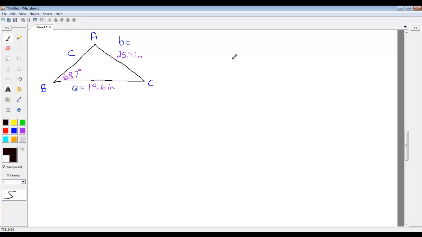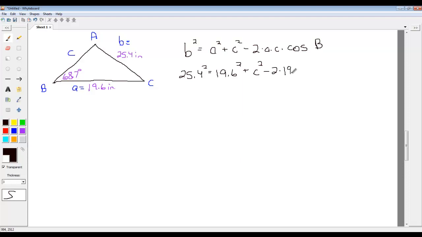But you can still use law of cosines. Since you know angle B, you can use the one that says B squared equals A squared plus C squared minus 2 times A times C times cosine of B. So 25.4 squared equals 19.6 squared plus C squared minus 2 times 19.6 times C times cosine of 68.7 degrees.